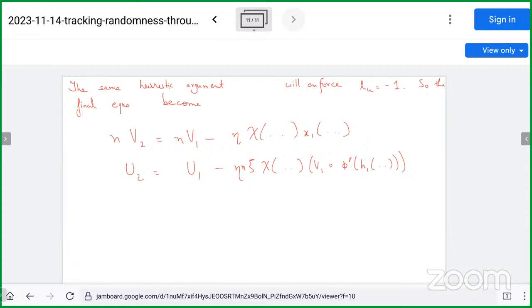This was the actual derivative of f with respect to h. So the derivative of f with respect to h is also an IID vector. That is what is being used, because it's taking two independent IID vectors and taking their product. That's the insight.